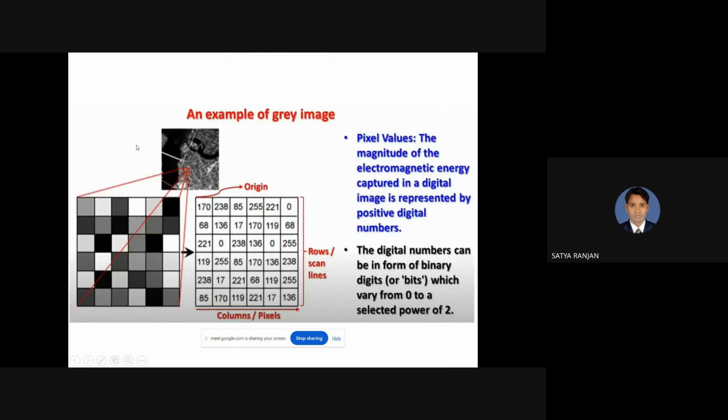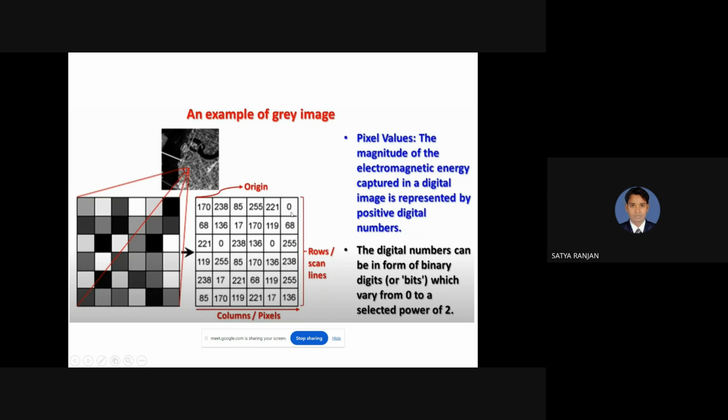So this is the example of the gray level images. So this is the satellite image of different pixel value. So the maximum is the white color, that is 255. I think it is also shown in the pixel 255, and minimum is the 0, which signifies the black color of this pixel.